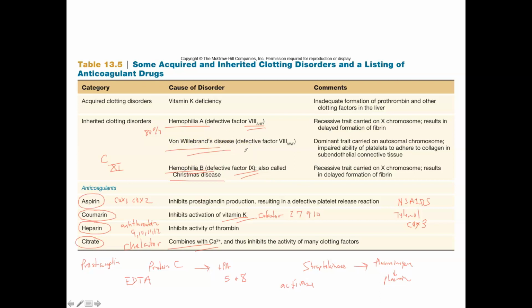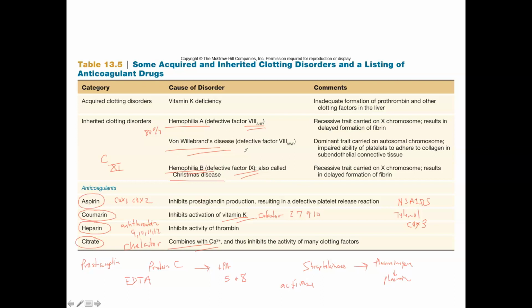And in von Willebrand's disease, obviously you're impairing the ability of platelets to stick to collagen. So these are all various types of examples of anticoagulants or inherited disorders that would affect coagulation.